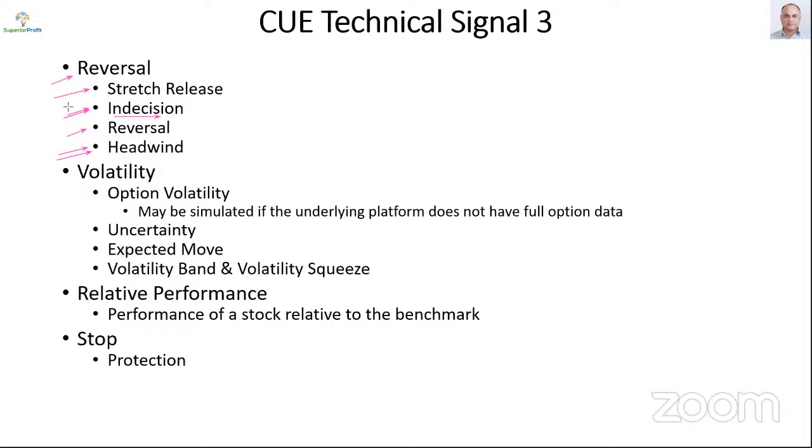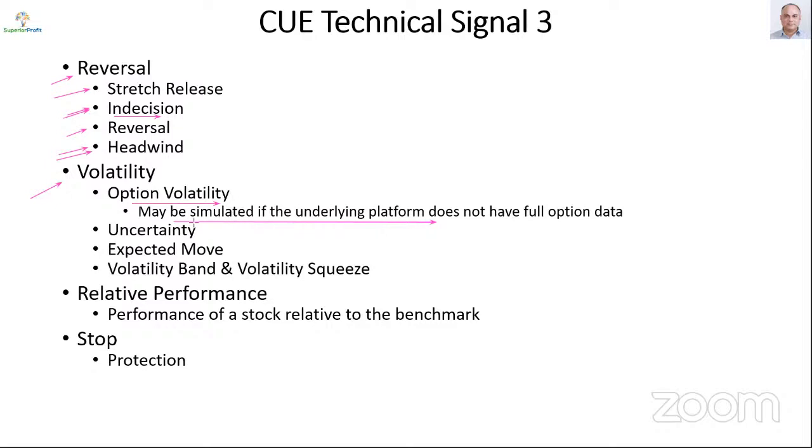So we have four reversal indicators: stretch release, indecision, reversal candle, and then headwind. Then we have volatility based indicators. One is option volatility. On Q Global underlying platform Metastock, we don't have detailed option data yet, so it is simulated.